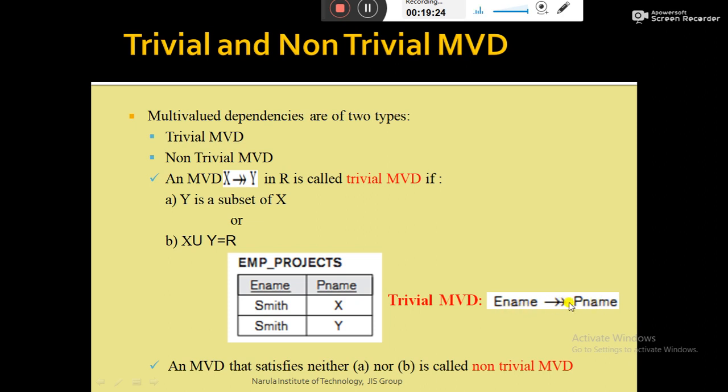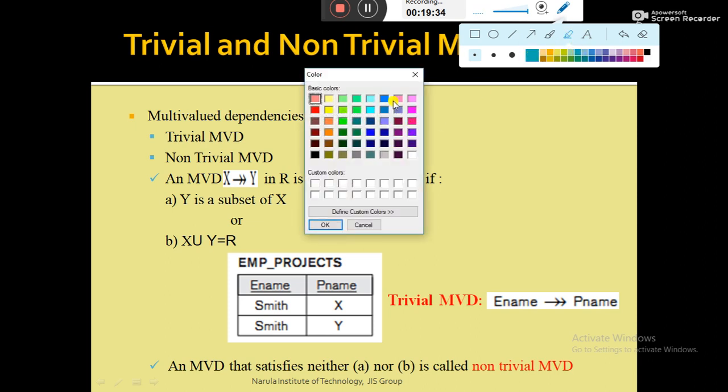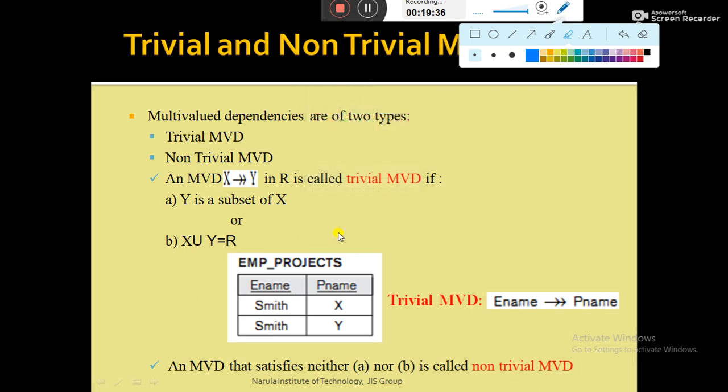So first of all, this is an MVD, a multi-valued dependency. The question is whether this is a trivial or non-trivial multi-valued dependency.